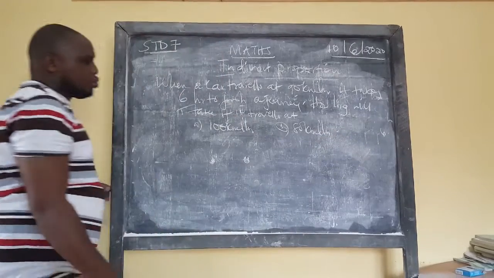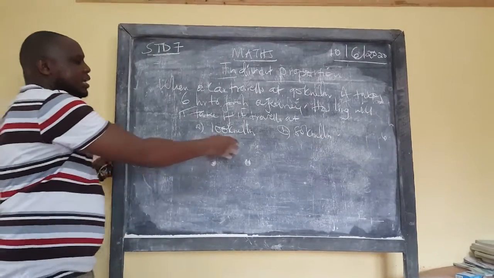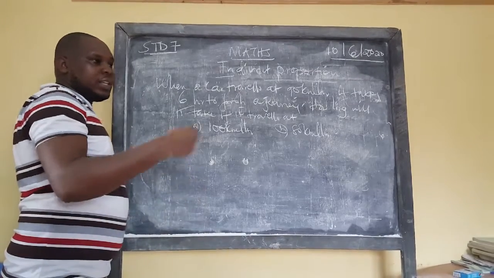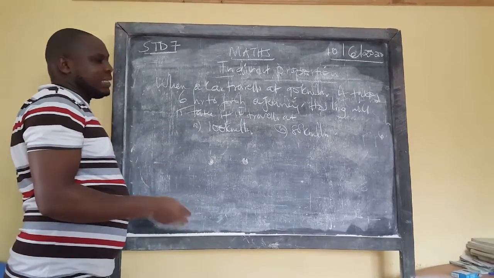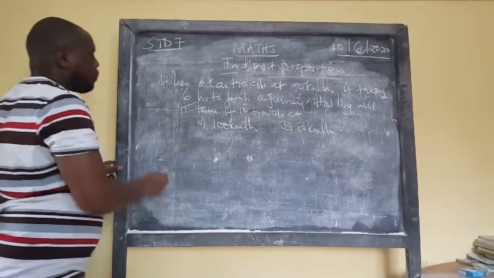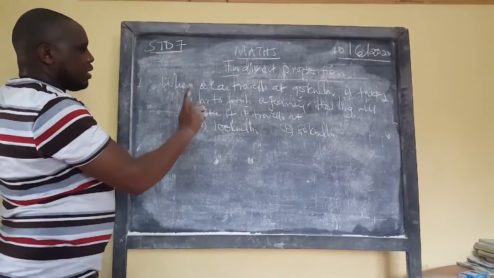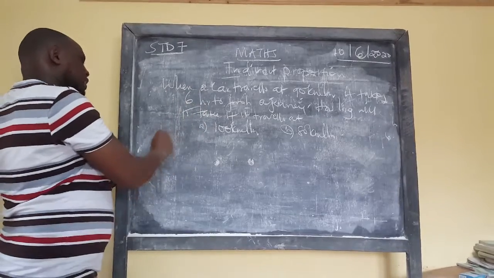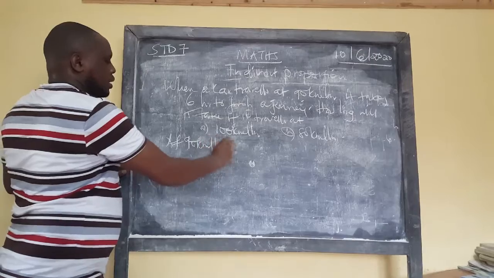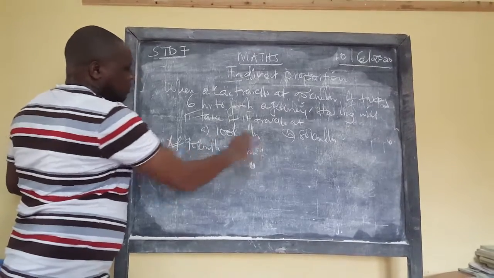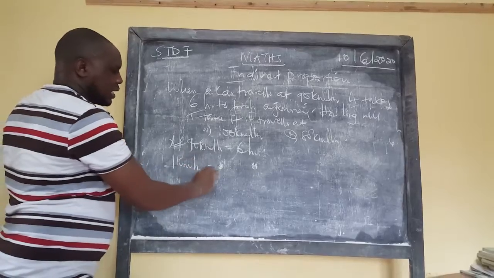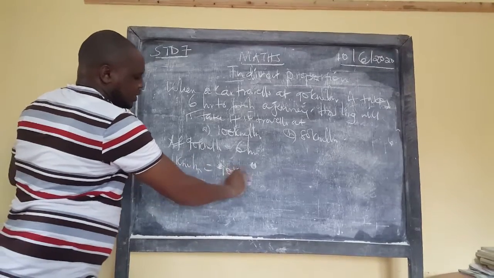You must have understood up to now that if the speed increases, the number of hours is going to decrease, because the speed is now high, meaning that the number of hours that are going to be taken is going to reduce. So at 90 kilometers per hour, this takes 6 hours, meaning that at 1 kilometer per hour, this car takes 90 times 6.